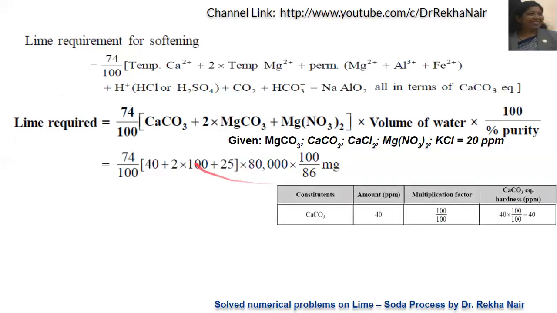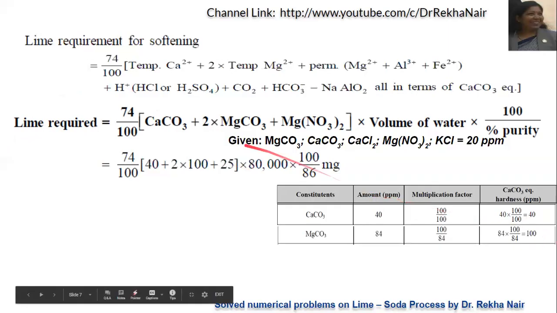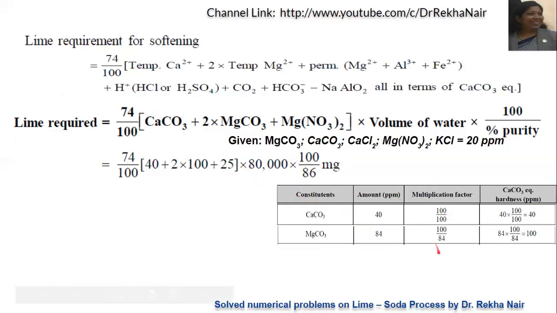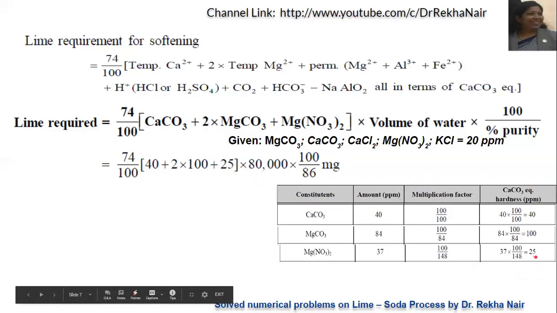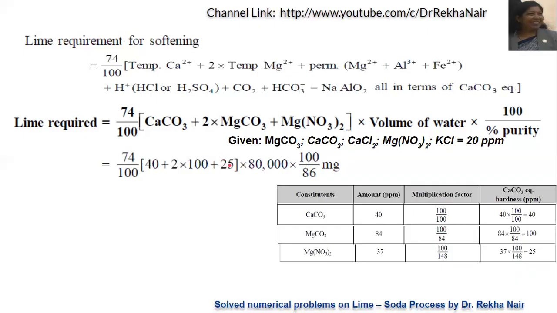Now, the value for calcium carbonate is 40, as we calculated in the previous slide. Similarly for magnesium carbonate it is 100, so 2 times 100, plus magnesium nitrate is 25. The volume of water has been given as 80,000 and the percentage purity is 86%, so 100 upon 86 on the right side.